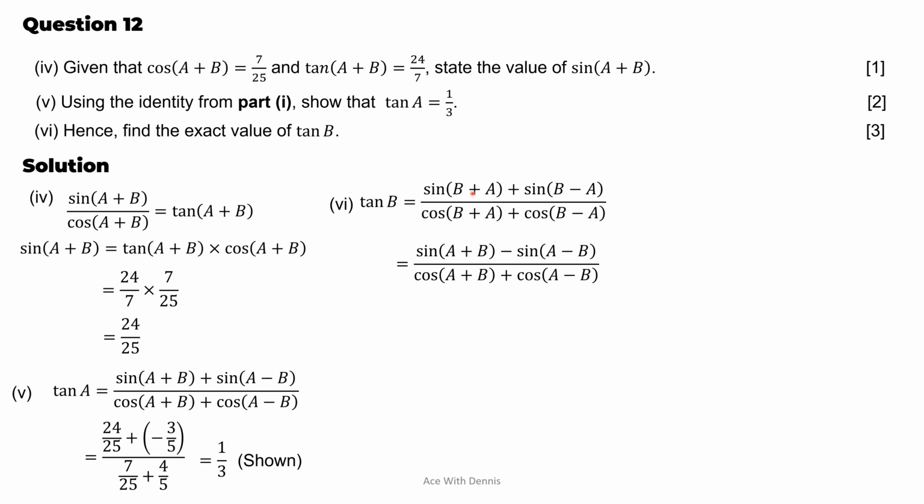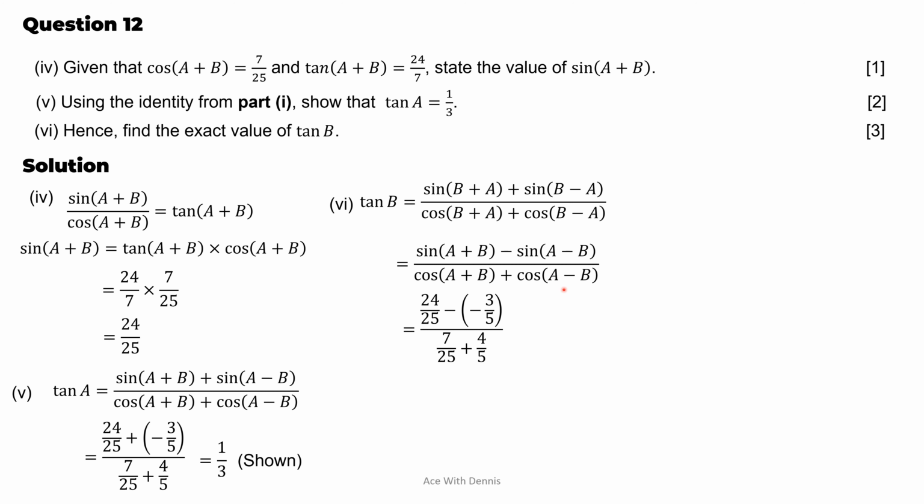For sine, there is no difference between B plus A and A plus B. But sine (B minus A) equals minus sine (A minus B). Similarly, cosine (B plus A) is the same as cosine (A plus B). And cosine (B minus A) is also the same as cosine (A minus B).